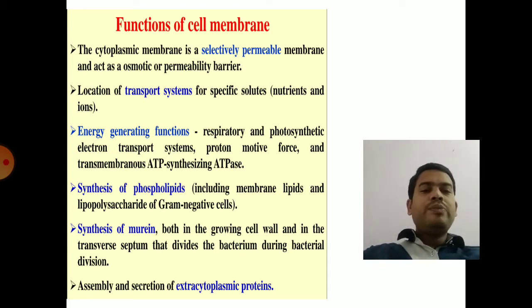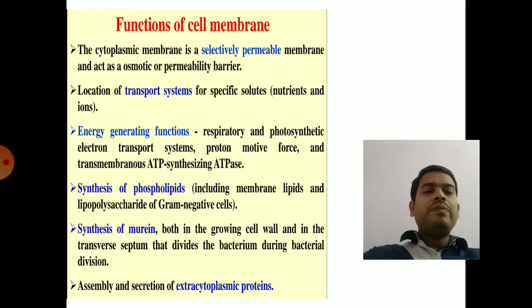Generally these respiratory proteins are present in mitochondria in eukaryotic cells. In bacterial cells, these respiratory proteins, including ATP synthase, are present in the plasma membrane. Since bacterial cells do not contain mitochondria, all the photosynthetic apparatus and the electron transport chain system, including ATP synthase, are present on the plasma membrane.